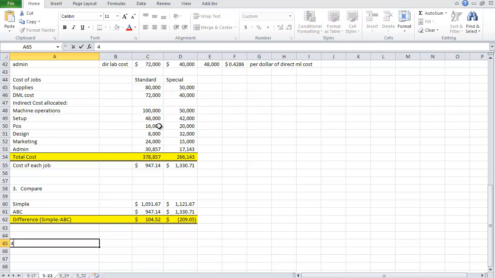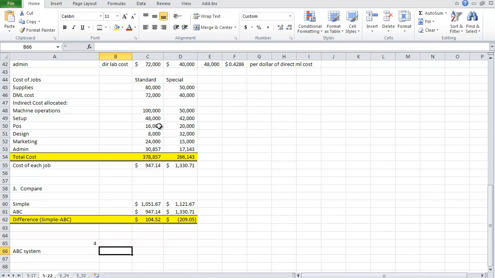So if we look at number 4 here, it asks us to use the new cost information to help management. Well, what would we come up with here? If we look at the standard cost, and we use this ABC cost system to maybe change our pricing. So let's look.